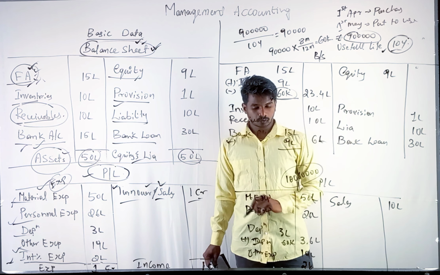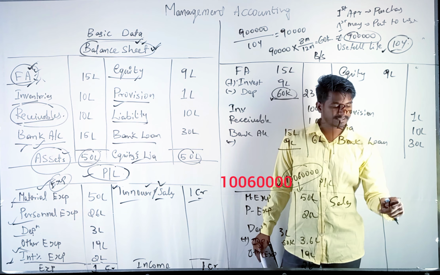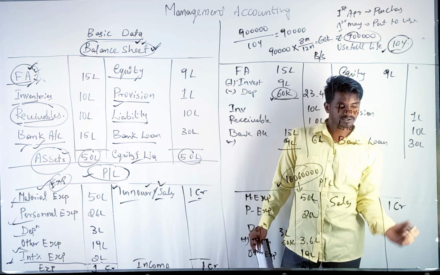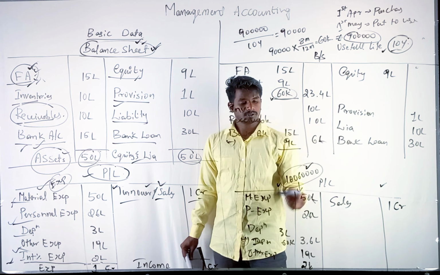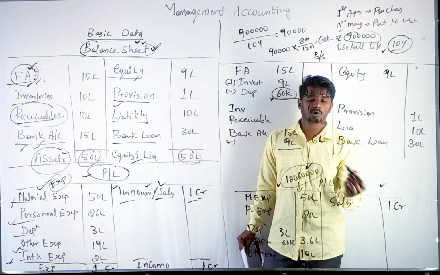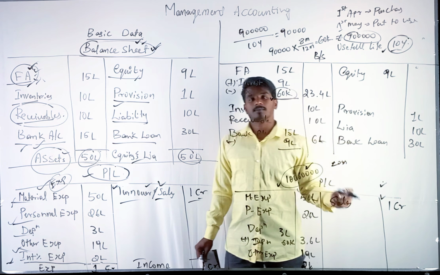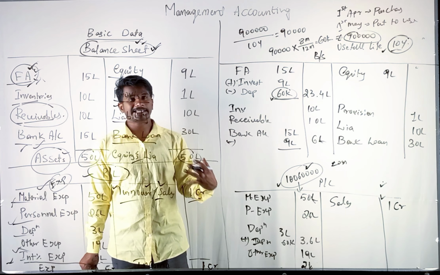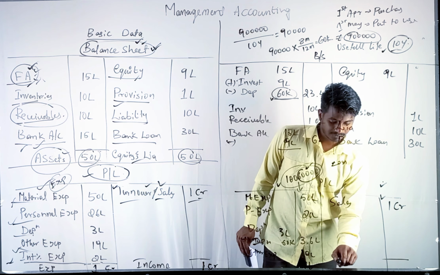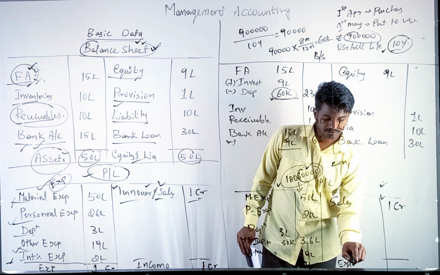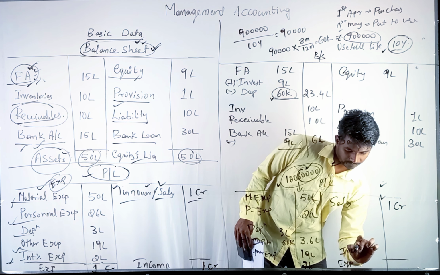Now the total expense side is 1 crore 60,000 and the total sales is just 1 crore. Our expense exceeds the income. If expenses exceed income, obviously it will be loss. If our income is 1 crore but expenses is 1 crore 60,000, excess 60,000 will be our loss. Obviously there is no space on the expense side, you write it down after income.